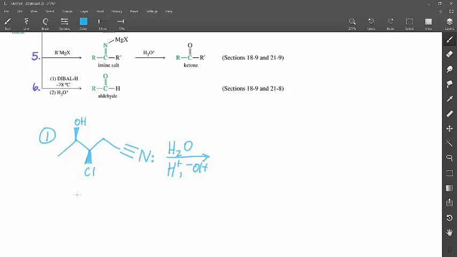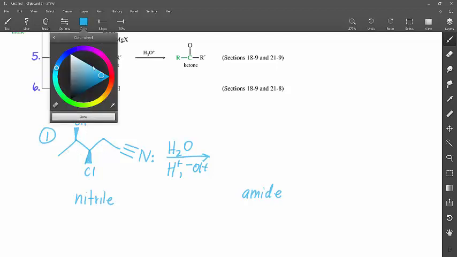So we're going to go from a nitrile to an amide here. So for this reaction, the C triple bond N turns into C double bond O. Okay, so count your carbons.